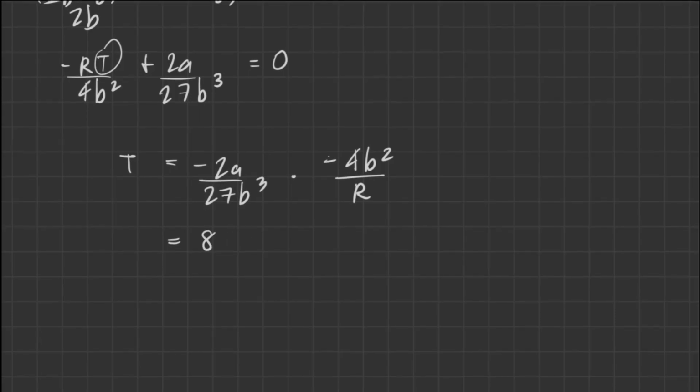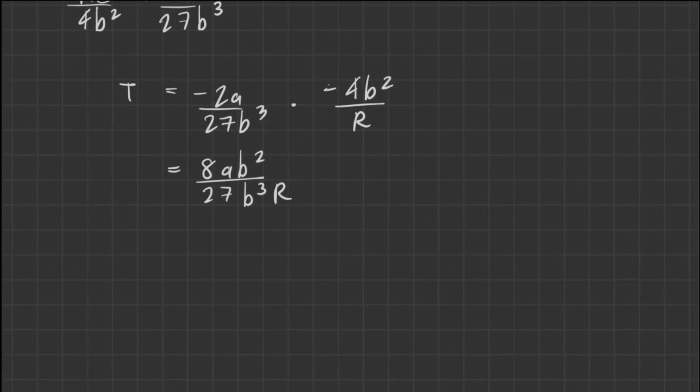So that'd be a positive 8ab squared over 27b cubed R. So that simplifies to 8a over 27bR. So that is our critical temperature.